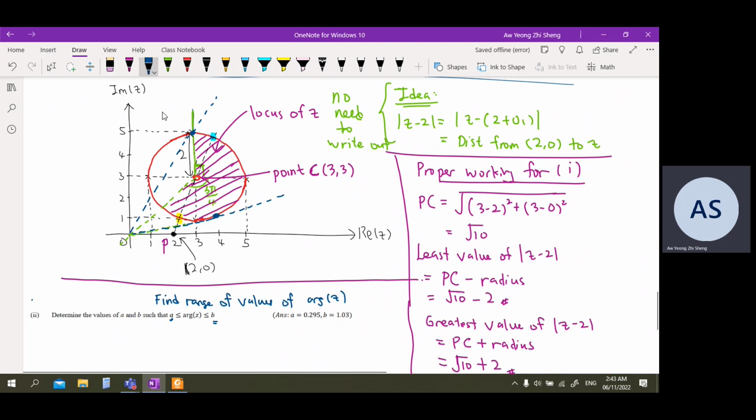So I will label some angle here. I will call this angle alpha. And I will also need a right angle triangle that is formed using the tangent to the circle. Let's call this point T, right angle here.